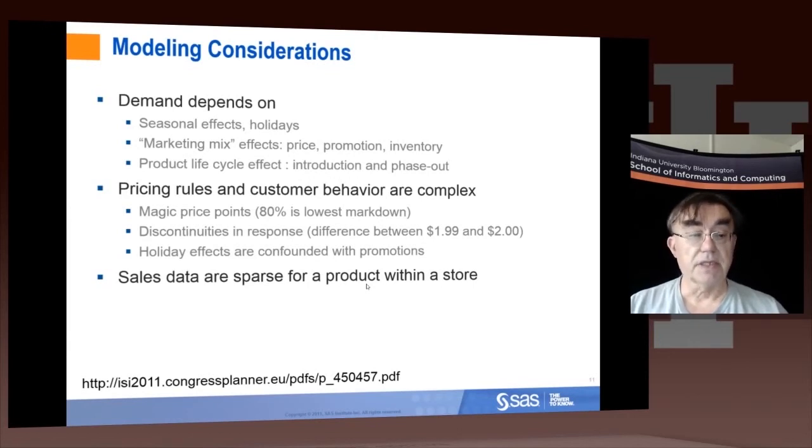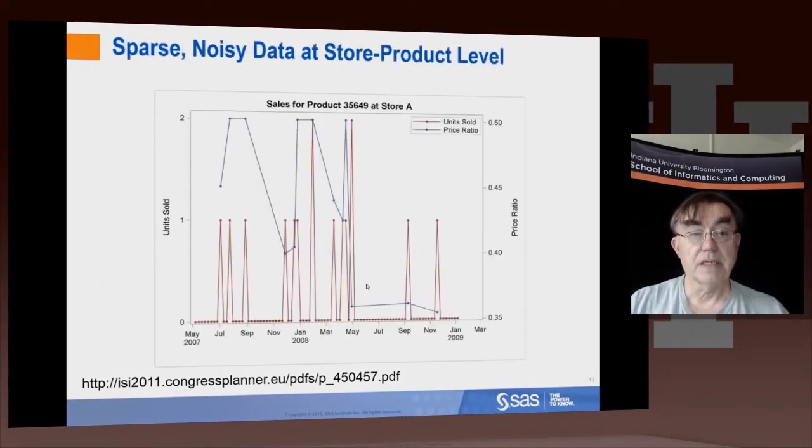And finally, as we see on some data we present following, within any one store, the sales data are pretty sparse, and so you can't make a very good prediction based on that. Here's this example of noisy data at the store product level. This is one store on one product, and you can see the units sold on a monthly basis. Well, these are probably weekly. On a weekly basis, they are measured in the ones and twos.